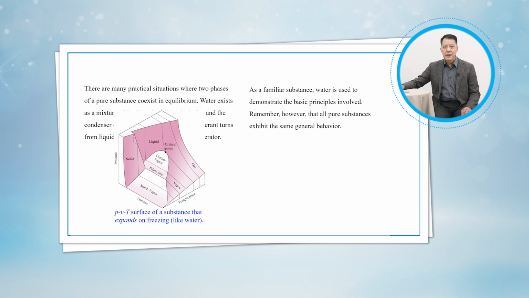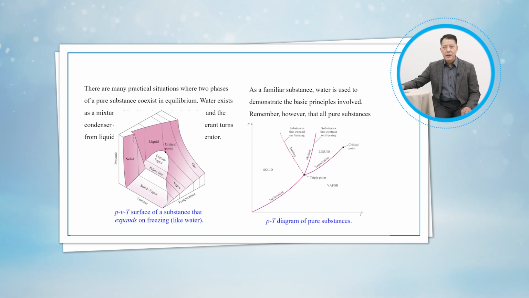Here, T and V may be viewed as independent variables and P as the dependent variable. This figure shows the PT diagram of a pure substance. This diagram is often called the phase diagram since all three phases are separated from each other by three lines.